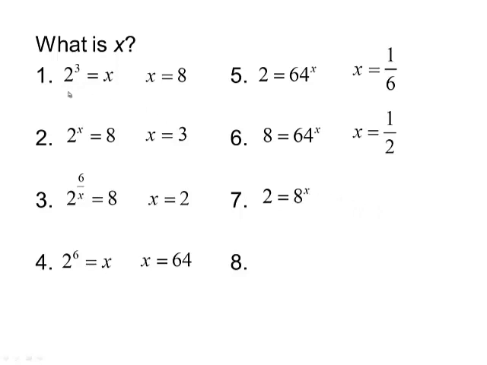Well, from here, I know that 2 to the 3rd power is 8. So 8 to what power is 2? It's 1/3. And then this last one, well, 2 to what power is 16? 2 to the 4th power is 16, so 16 to the 1/4 power will give you 2, or the 4th root.